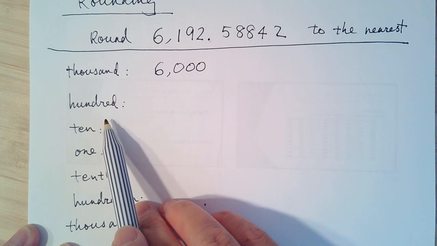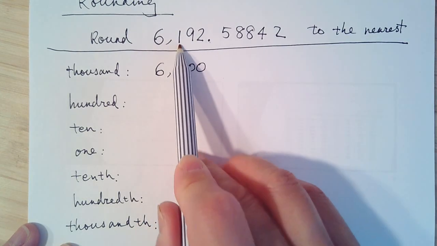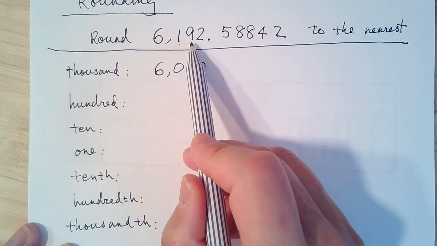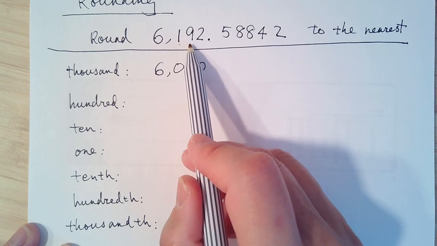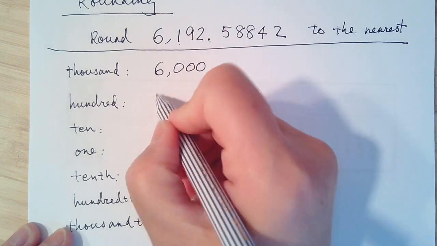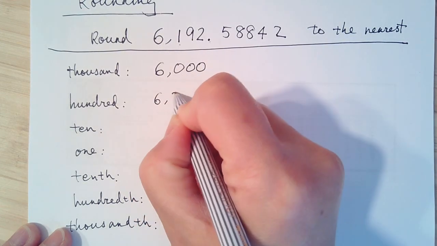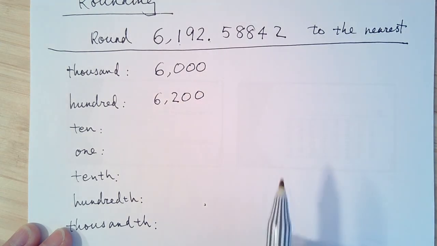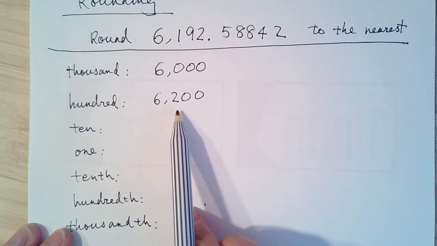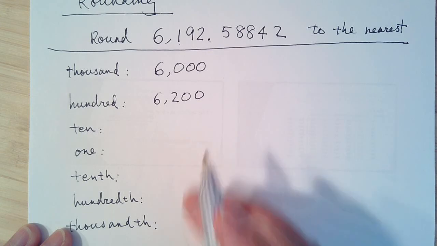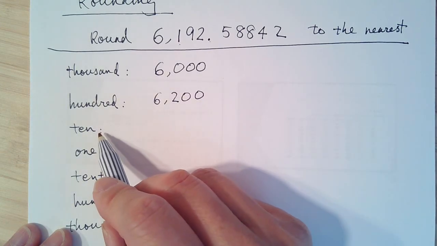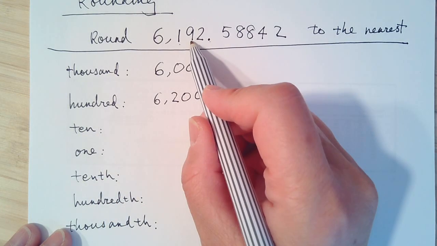What about rounded to the nearest 100? Here is the 100 digit, and the next to it is the 10, and this is 9. So I have to round it up. So I'm going to get a 6 in the hundreds. Okay, so I rounded up to 6,200. And very similarly, I round to the nearest tens, which is 2 here.